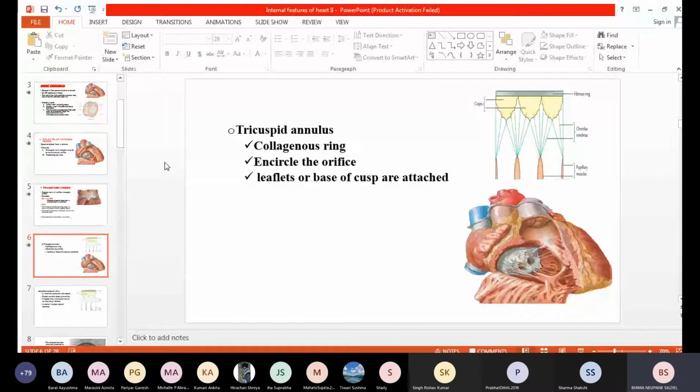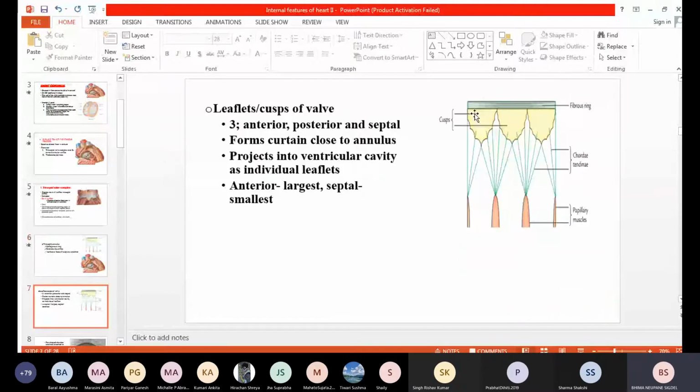Okay, after the annulus ring or the fibrous ring, these are the leaflets or the cusps of the valve. Leaflet or cusp, same thing. So you can see in the tricuspid, tri means three. So in the right ventricle, you have to remember there are three cusps. You can see the anterior one facing toward the anterior side.